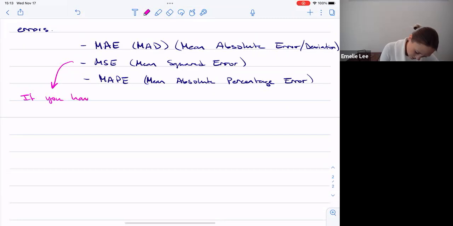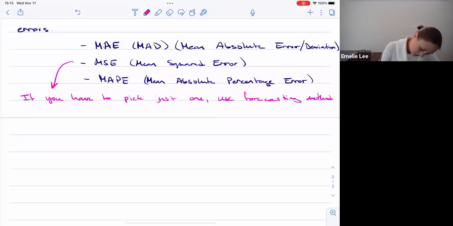Use the forecasting method that minimizes the mean squared error.